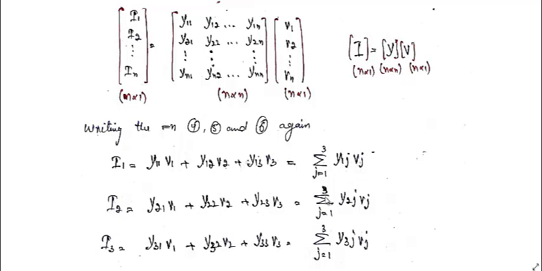Similarly I2 can be represented by the summation from j equal to 1 to 3 of Y2j Vj. Similarly I3 can be represented by Y31 V1 plus Y32 V2 plus Y33 V3, and it can be represented by the summation from j equal to 1 to 3 of Y3j Vj.